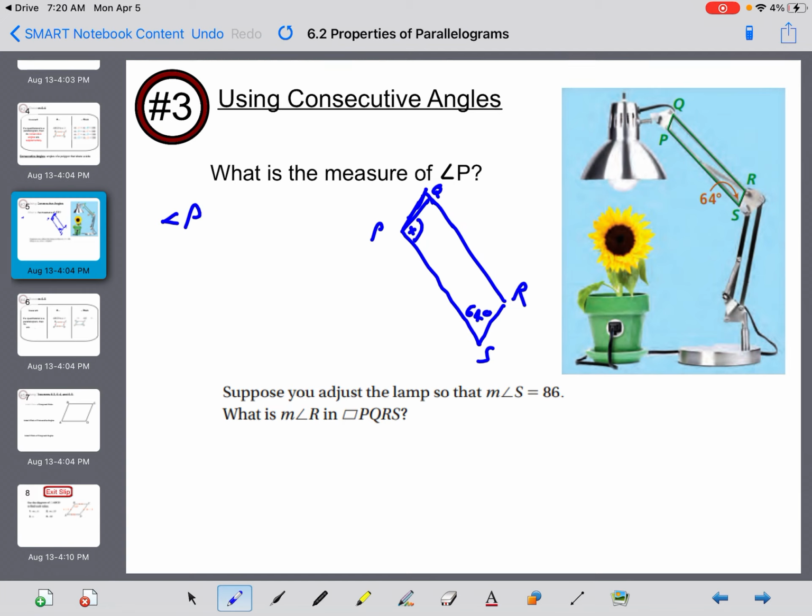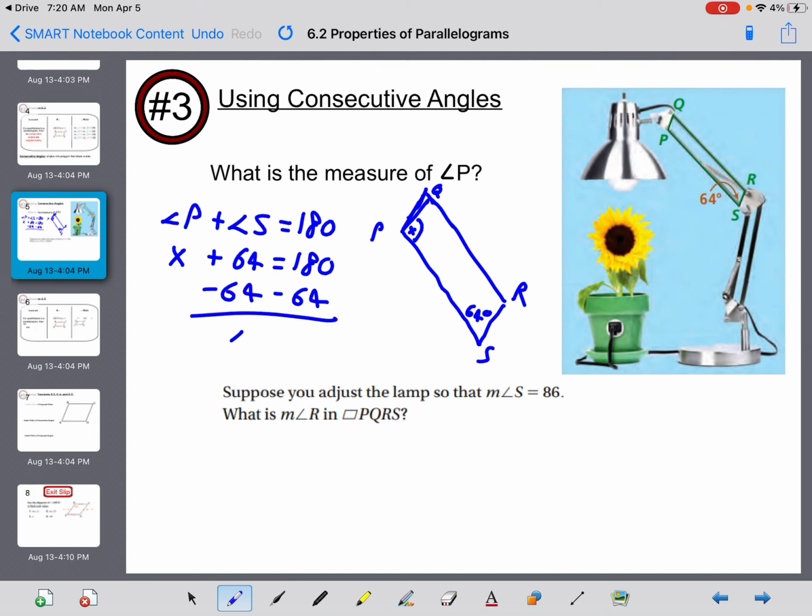So angle P plus angle S equals 180. Angle P we labeled as x, plus angle S, 64, equals 180. Subtract 64 on both sides, and x equals 180 minus 64. Go ahead and type that in your calculator, and you get 116 degrees.